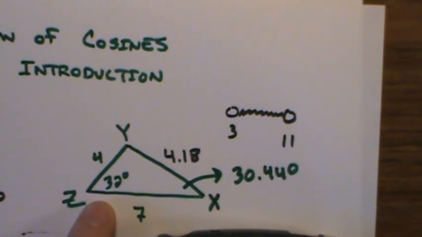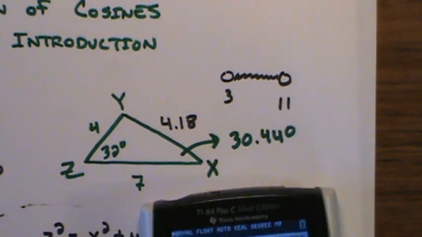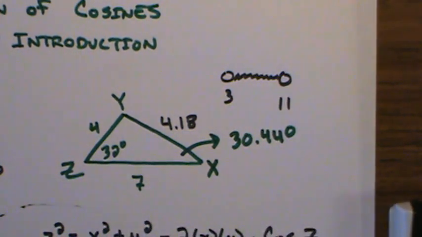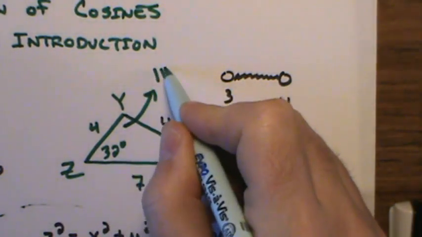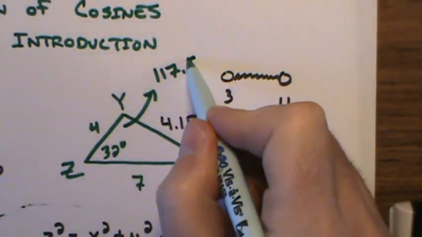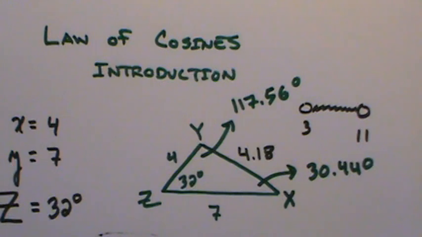So I'll go 180 minus 32 minus 30.44. It tells me that summit angle is 117.56 degrees. And that's how you would use that law of cosines.